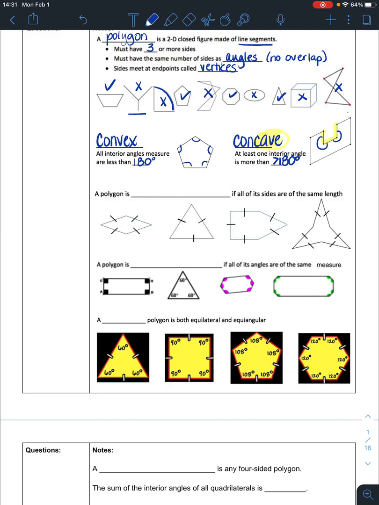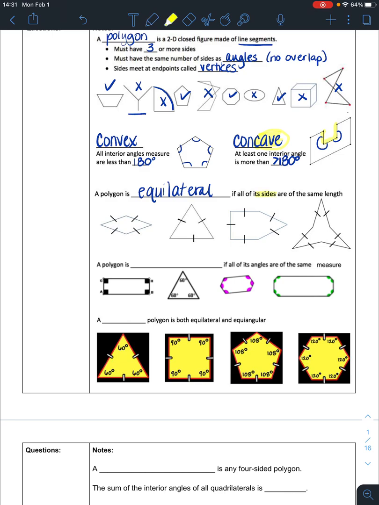So a polygon is equilateral. We've talked about this with a triangle, and the same applies to any generic polygon, not just a triangle. A polygon is equilateral if all of its sides are the same length.